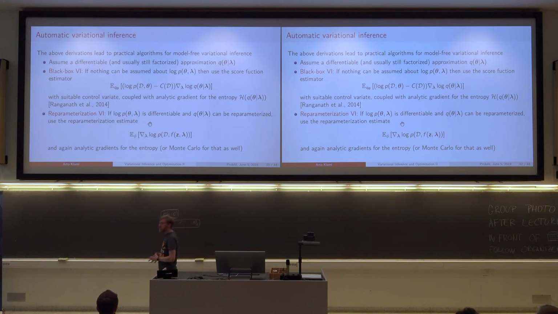Then everything else is actually relatively easy. So we get an automatic variational inference algorithm for doing variational approximation for any model that we can think of by first assuming a differentiable approximation, usually still factorized in some way. We also do assume now the functional form of every term in this approximation.